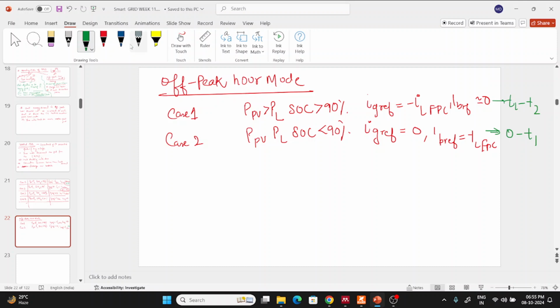Then there is another case, case 3, where PPV is less than P_load but SOC is greater than 60%.